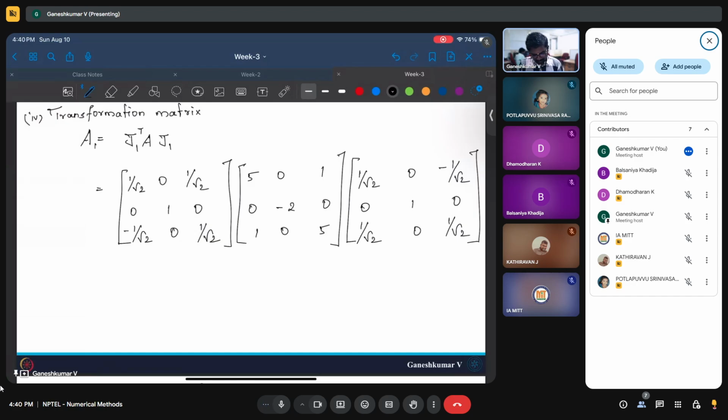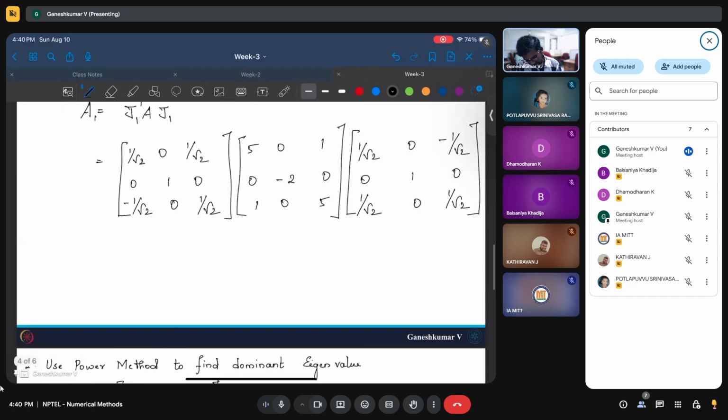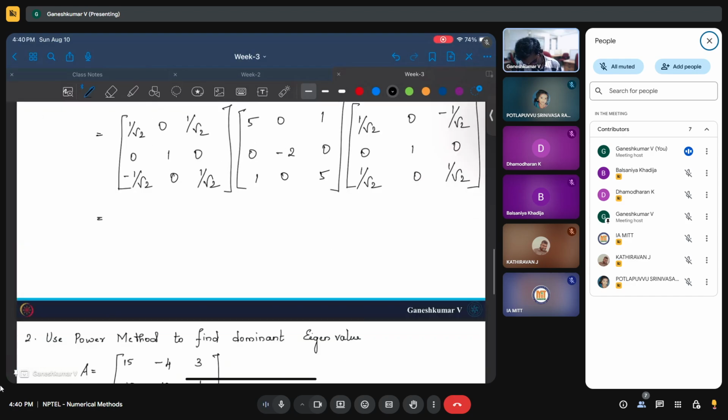Okay, so let's multiply these two first. Let me just keep this here. 1 by root 2, 0, 1 by root 2; 0, 1, 0; minus 1 by root 2, 0, 1 by root 2.